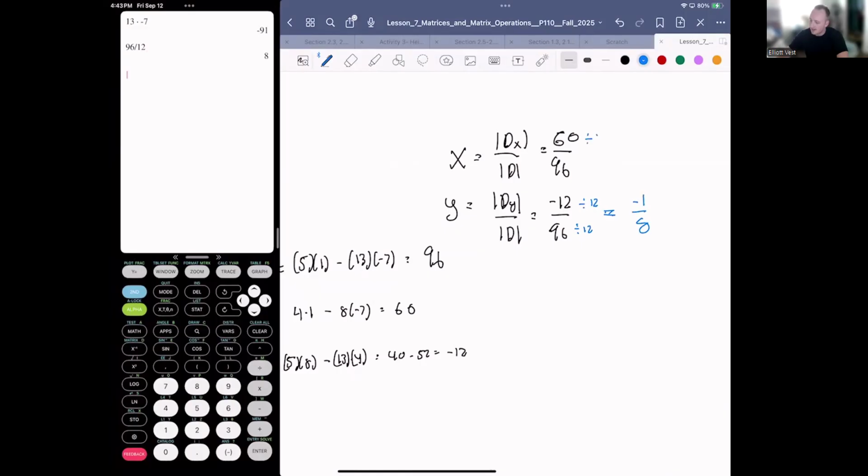And similarly, if I divide by 12, by reducing this fraction, 60 divided by 12 is 5. So I have 5 over 8. So I have x equals 5 over 8, y equals negative 1 over 8 as my answer.